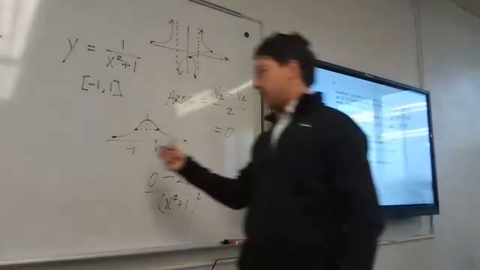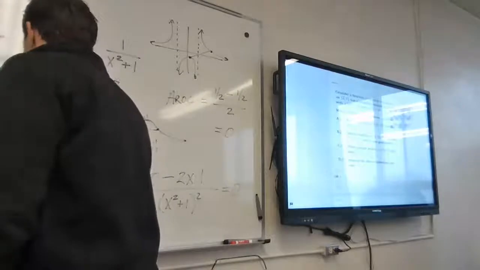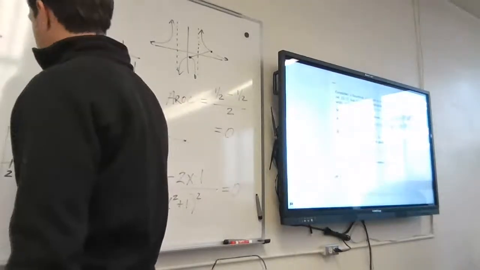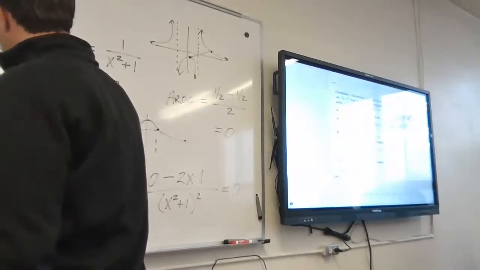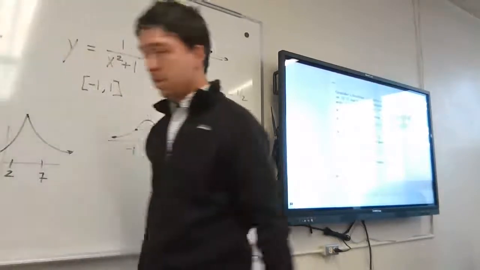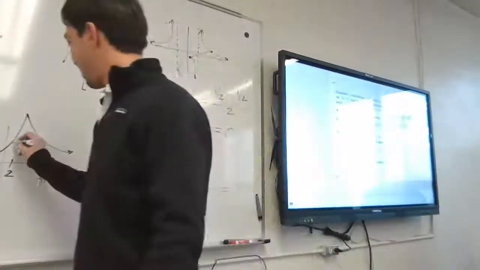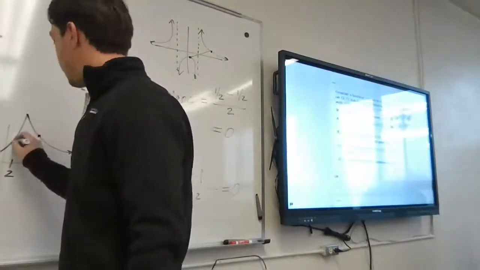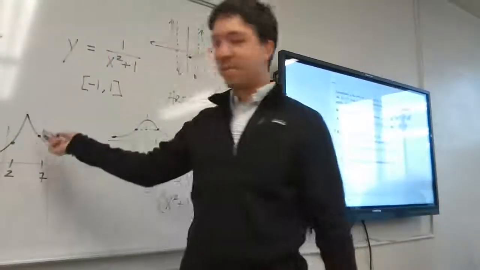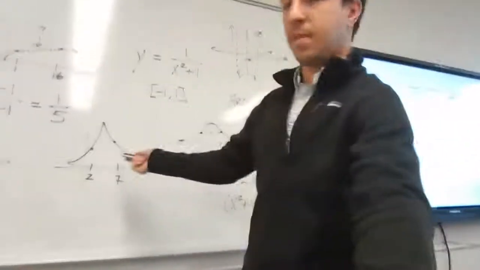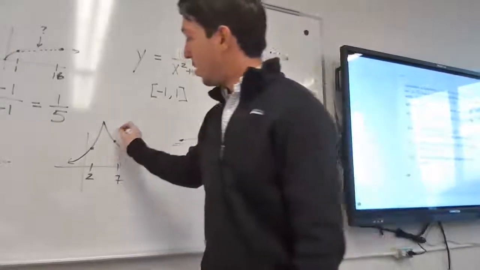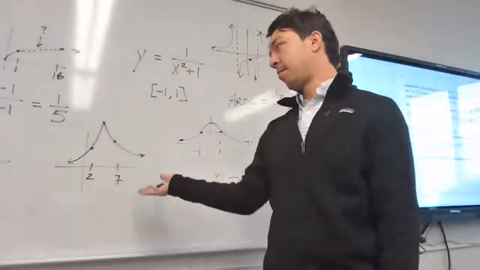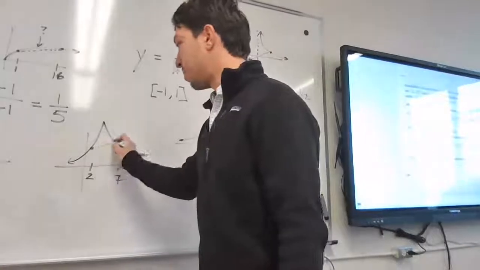So I'll give you 2 examples. So here's one. If you have a pointy, so here's 2, here's 7. Say your function did this, and there's a pointy somewhere between 2 and 7, then in this case, there is no spot on the graph where the derivative is equal to this average rate of change.